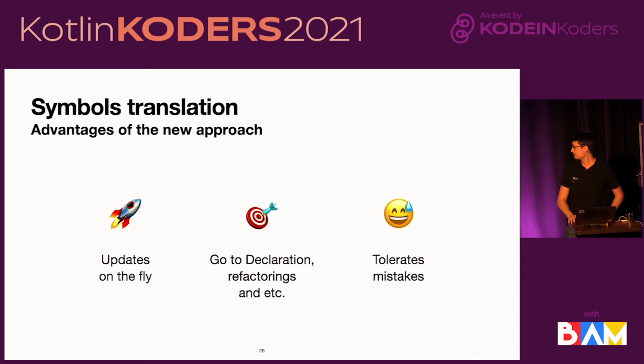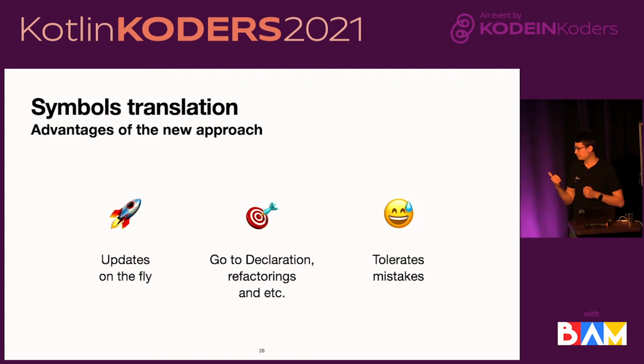And last but not least, actually I like it the most: with the old way, to build your shared Kotlin framework into a binary framework, you would first need to have valid Kotlin code. If you had some syntax mistakes, it wouldn't work, and you couldn't code anything in Swift.